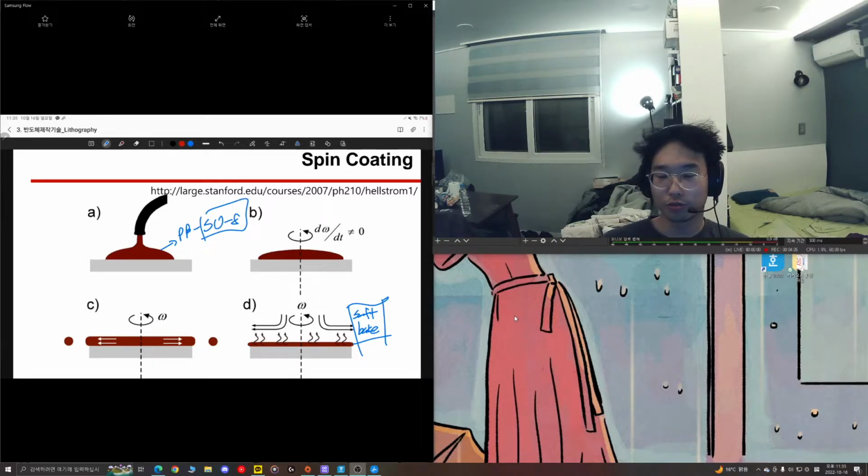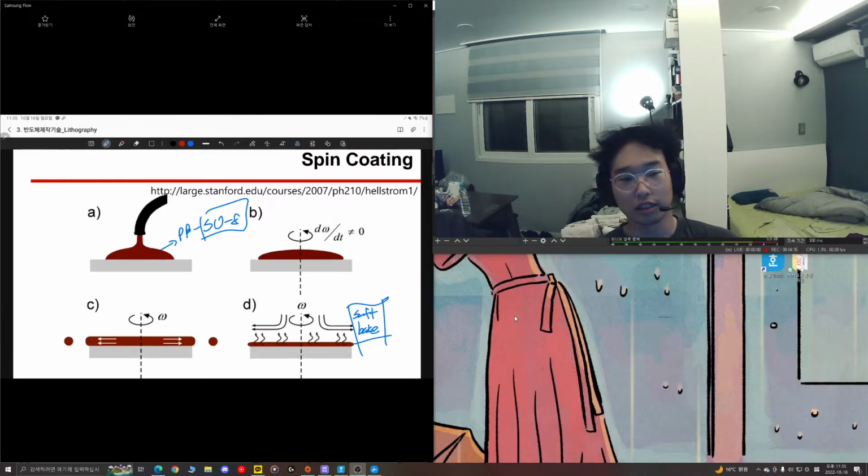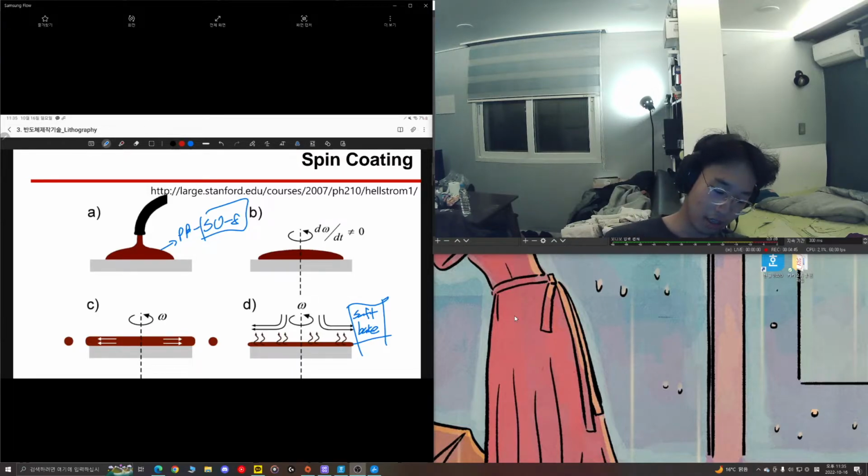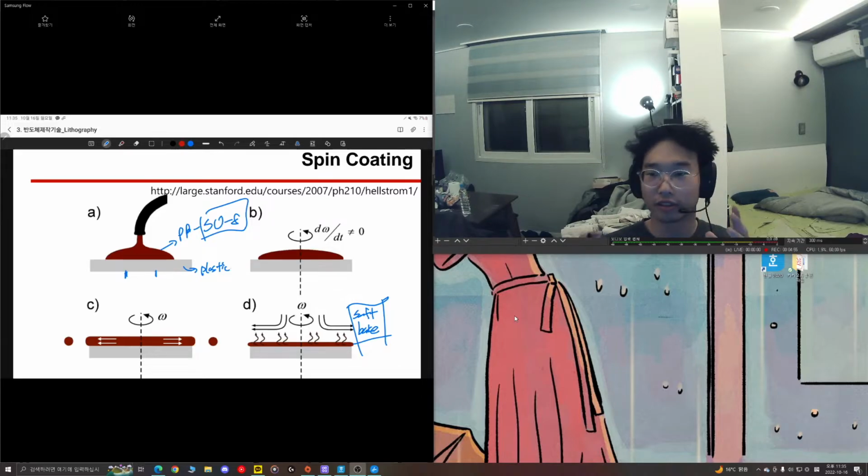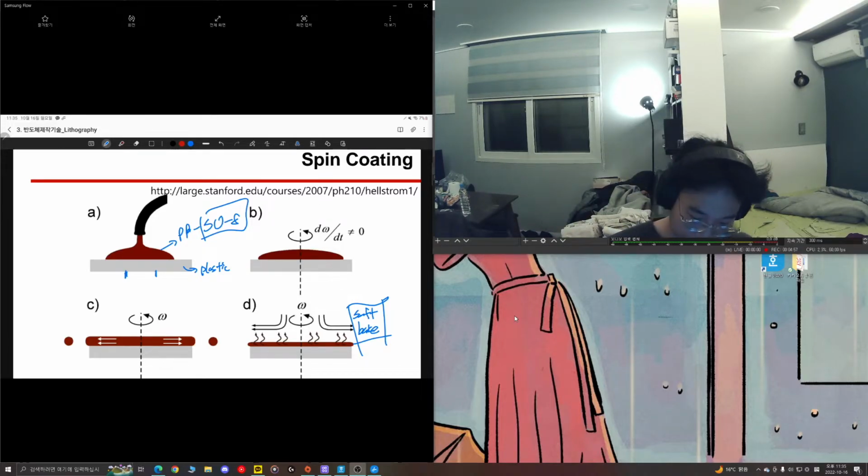Once you pour SU8 on a plastic material, since we don't have a wafer, so we use plastic, you have to apply vacuum so the plastic doesn't move around while you spin coat.